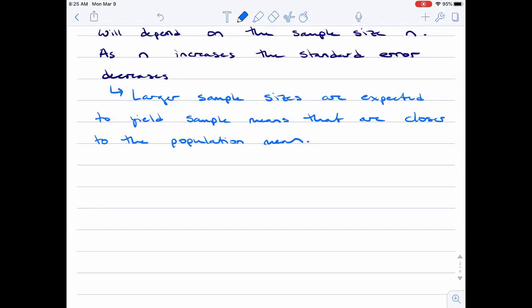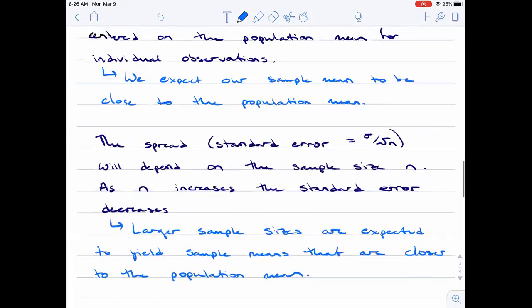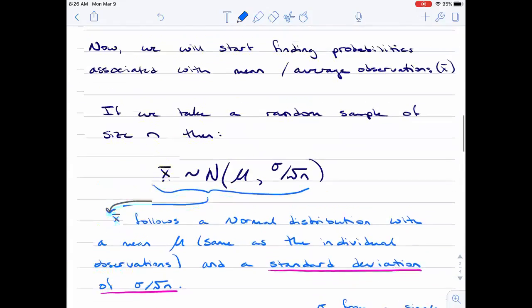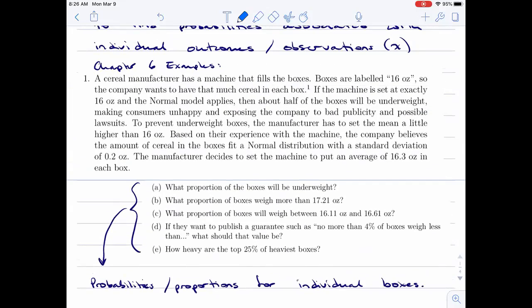So what's going to happen here? If we go back to this chapter 6 example, like I said, all these problems that we're about to do will start the same way. They'll establish, okay, you've got a normal distribution with a mean this and a standard deviation this. Then you can do those parts with the individual observations, and then it'll follow it up with, okay, now you've taken a sample of size 45, for example.